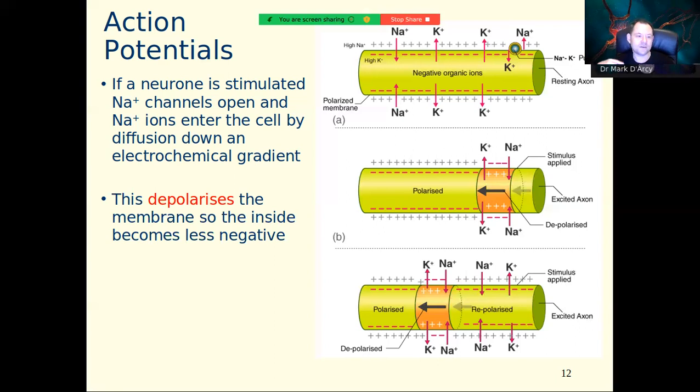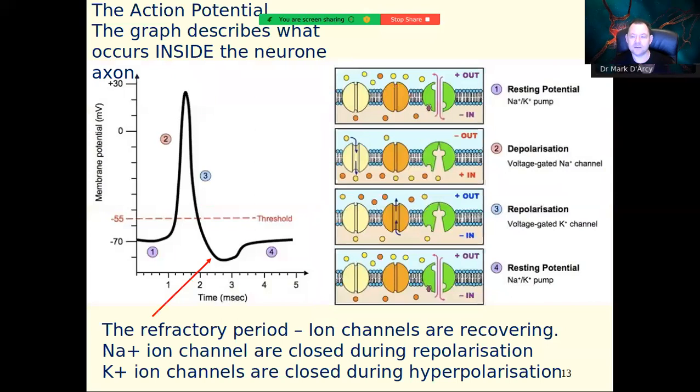Sodium comes in. This depolarizes the membrane, so the inside becomes less negative than it was before. Eventually, an action potential of plus 40 millivolts is generated, and you get an electrical stimulus moving along the neuron.